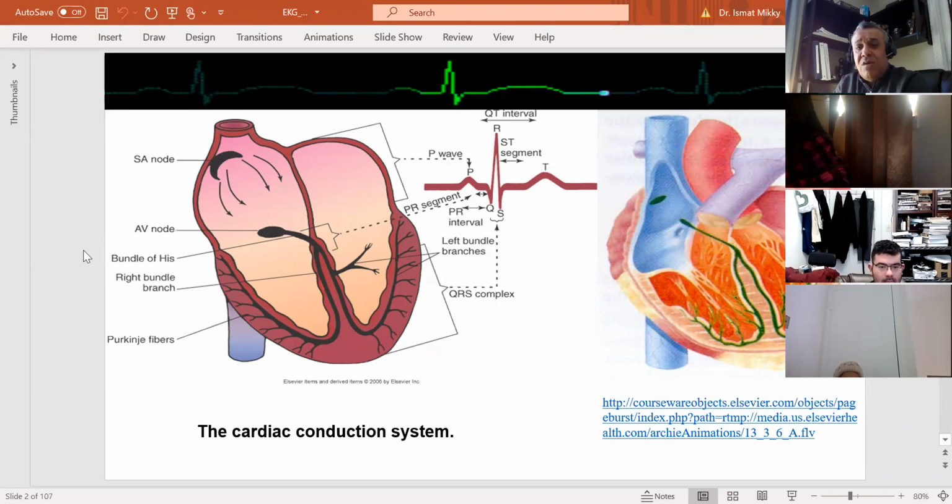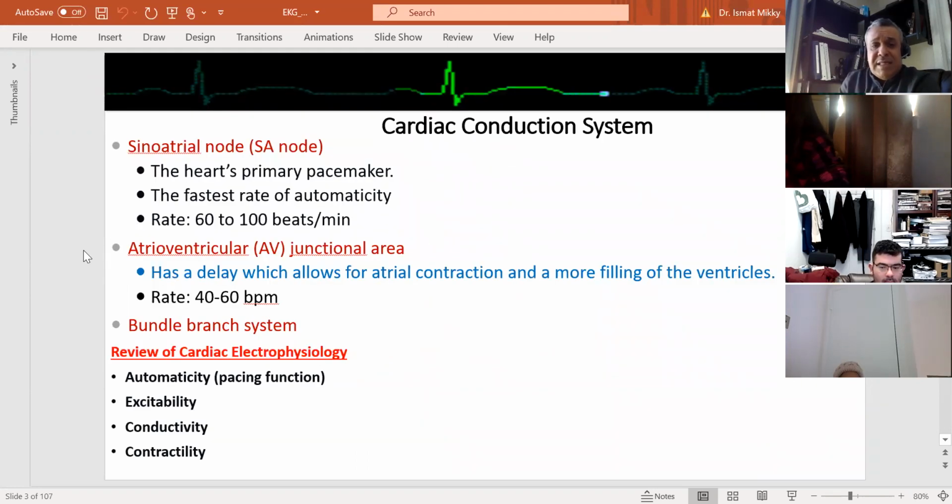Otherwise, if there were no time delay at the AV node, there would be no time for the atria to empty the blood into the ventricles. So the AV node can be considered a protective mechanism.